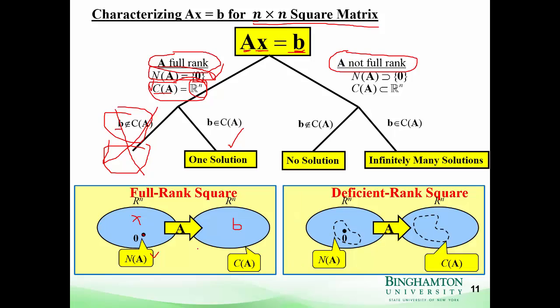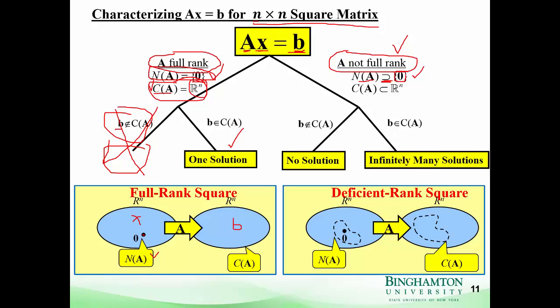Deficient rank square. So rank is less than n. So I call that up here not full rank. And what we know is that the null space contains more than just a 0 vector. So I'm using this symbol here to mean subset or includes. So the null space of A, well, let me say it this way.